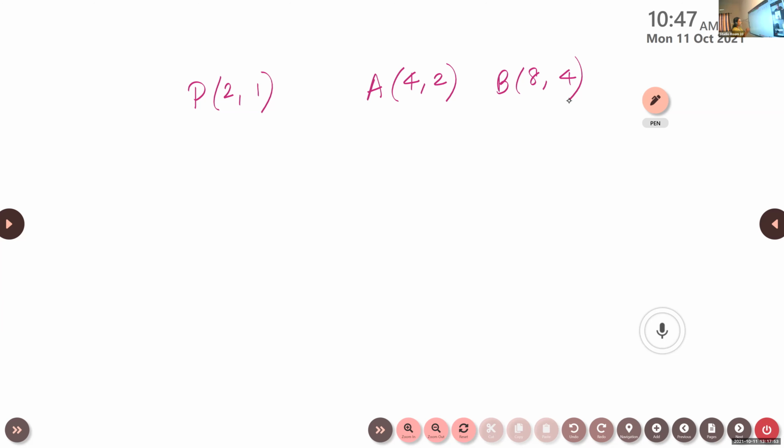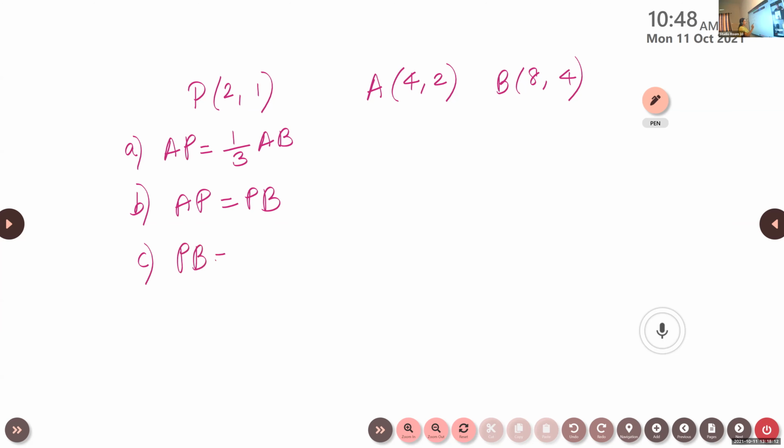Then which of the following is true? A. AP is equal to 1/3 AB. B. AP is equal to PB. C. PB is equal to 1/3 AB. And D. AP is equal to 1/2 AB.